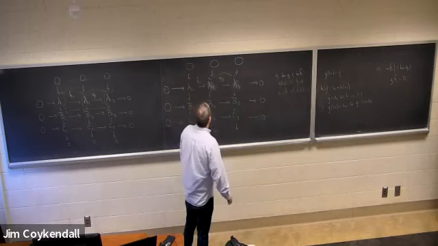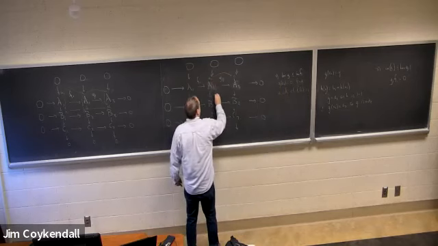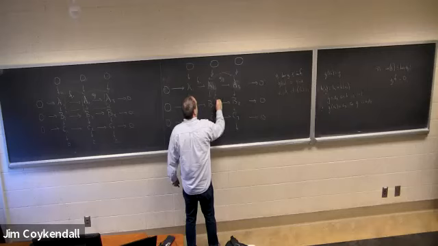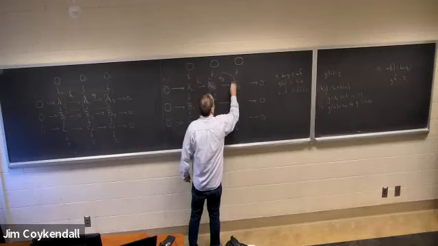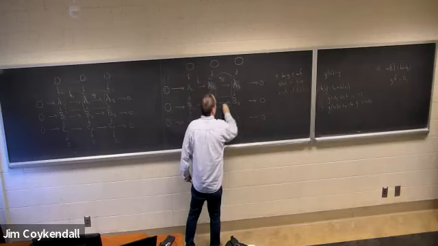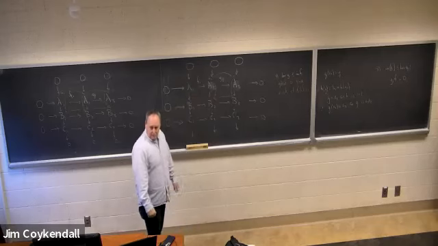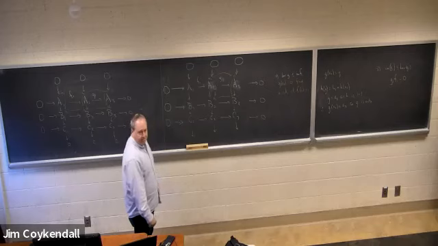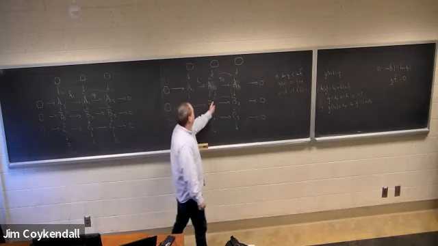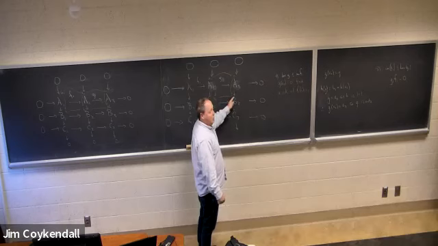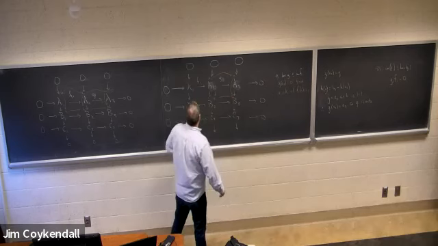Okay, so let's chase. This goes to B2. And of course, that 0 goes down to 0, which means that B2 goes to 0. Agree? Now, this means that B2 is in the kernel of this map, which is the image for this map.